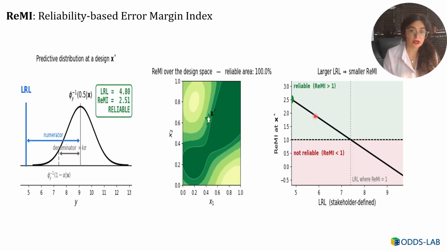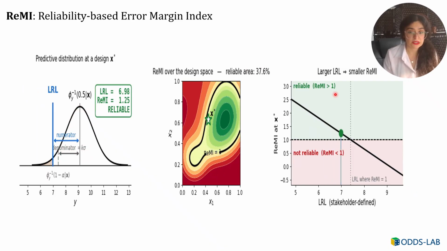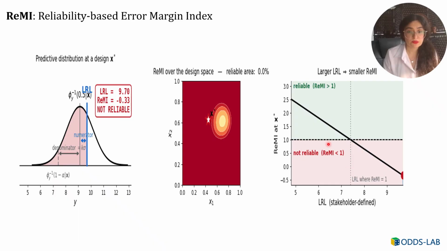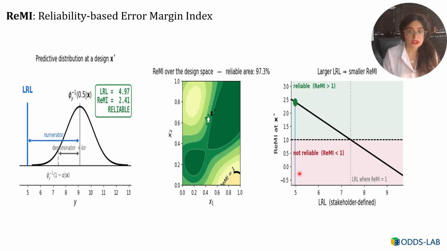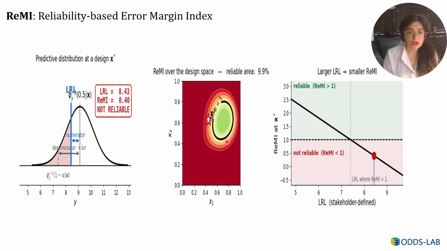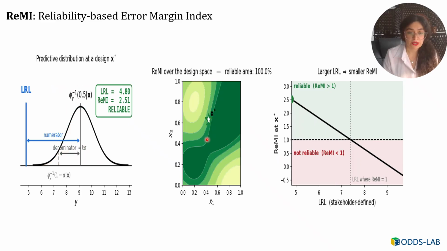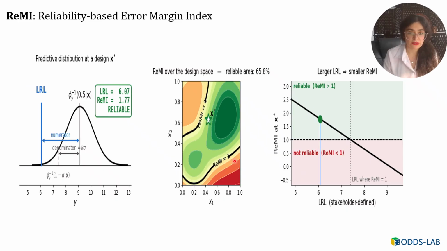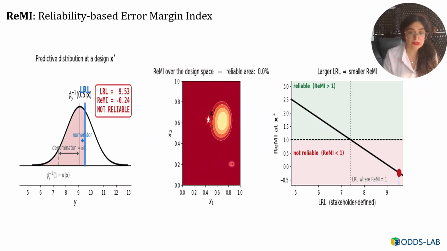We mentioned that ReMI bigger than 1 means the design is reliable, and ReMI smaller than 1 means the design is not reliable. So here you can see the change of the reliable space. For values of ReMI bigger than 1, the whole space is reliable, and it gets smaller and smaller up to vanishing.